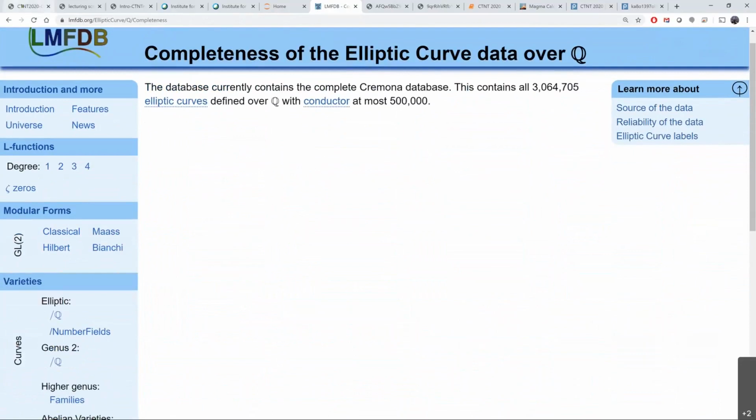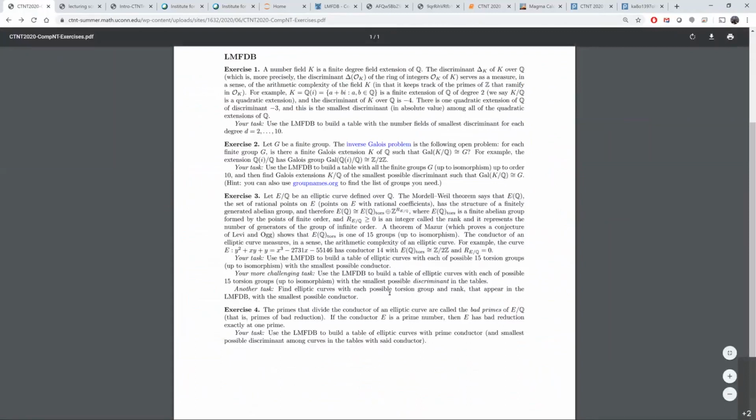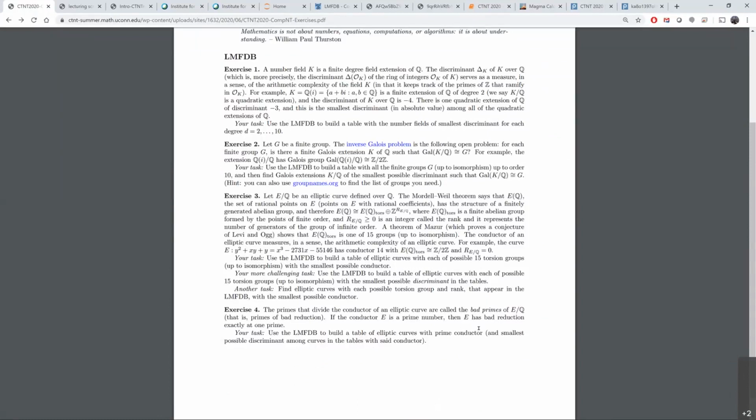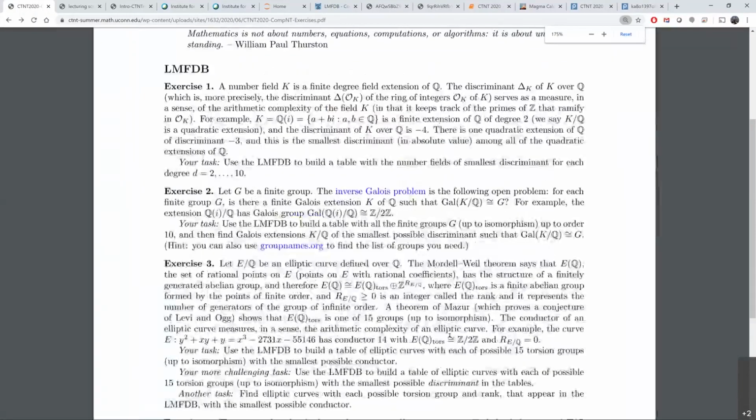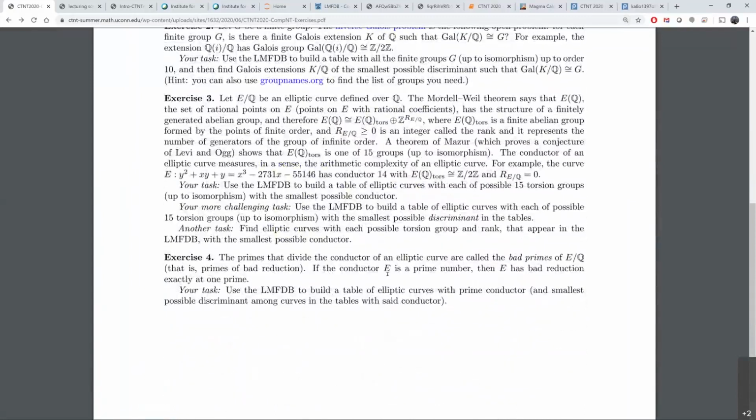Okay, so my last question, and some other question that is of great interest, is: are there elliptic curves with a prime conductor or a prime power conductor? You might want to compile a table of elliptic curves with prime conductor, and maybe that's too small for you to see. So one of the exercises is to start with finding elliptic curves with a prime conductor.